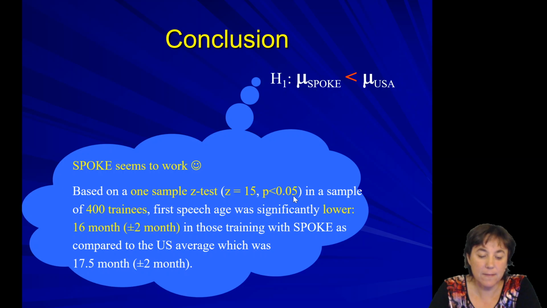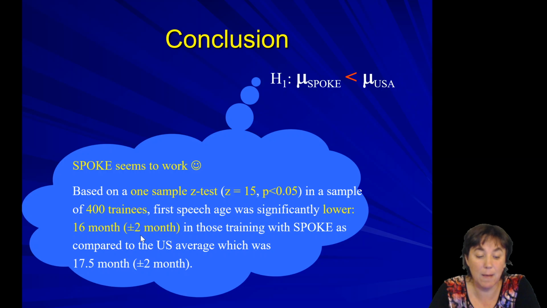So based on these test values and the one sample z-test, in a sample of 400 trainees, the first speech age was significantly lower. That's our good news. What is lower? That's also important to state in your conclusion. It was 16 months plus minus 2 months. If you're stating a mean, make sure you're attaching a standard deviation to it.